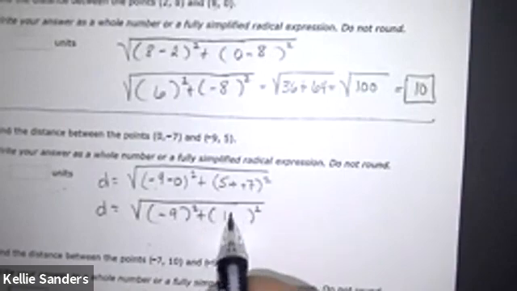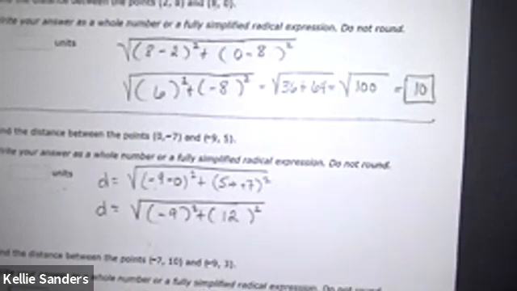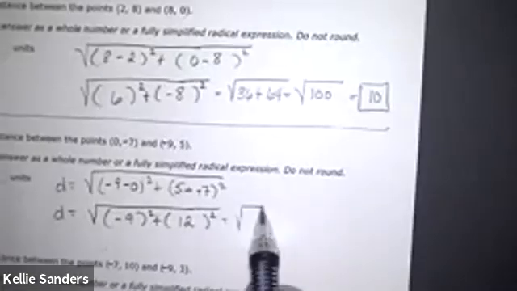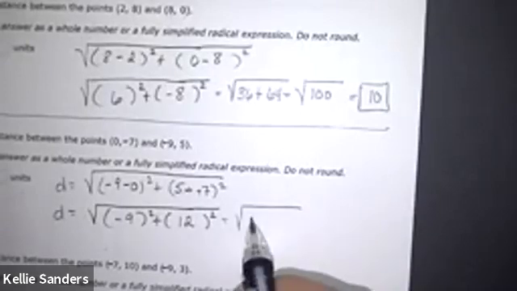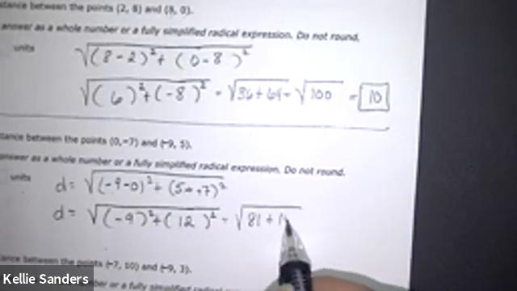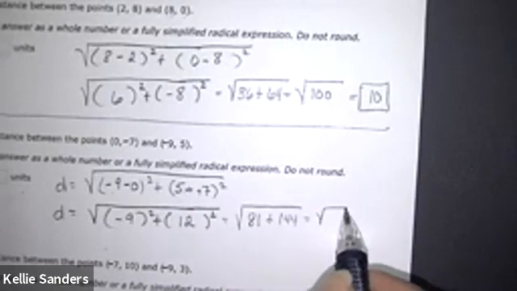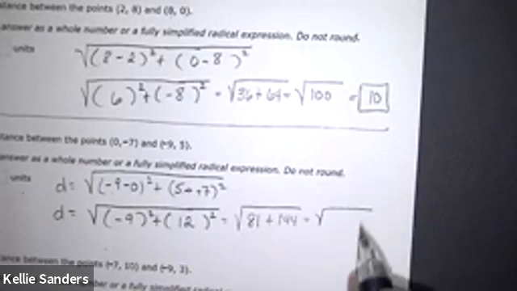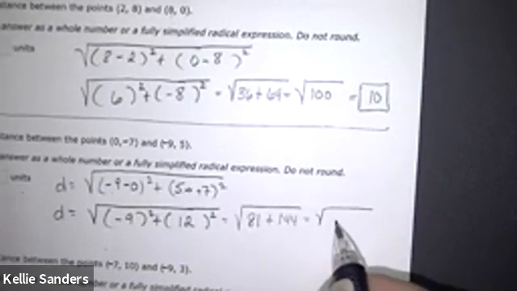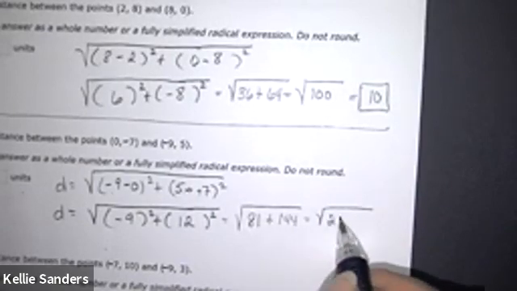-9 minus 0 is -9. 5 plus 7 is 12. -9 times -9 is a positive 81. 12 times 12 is 144. 81 plus 144 is 225.